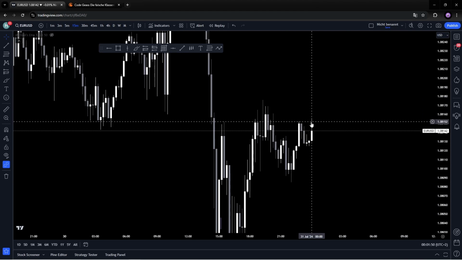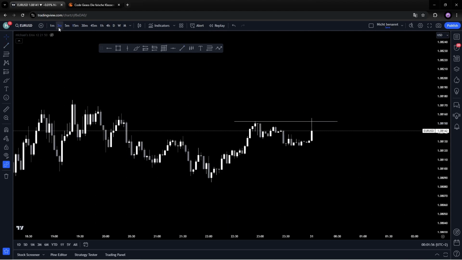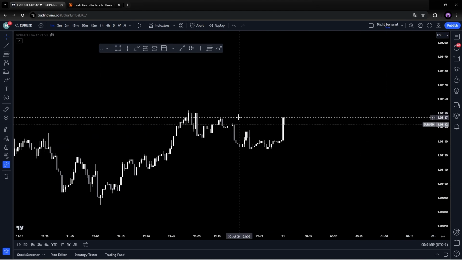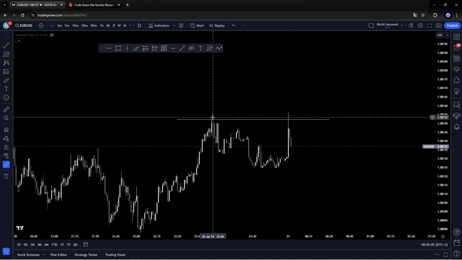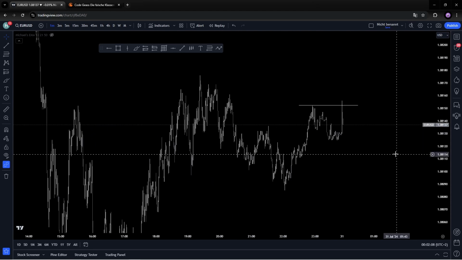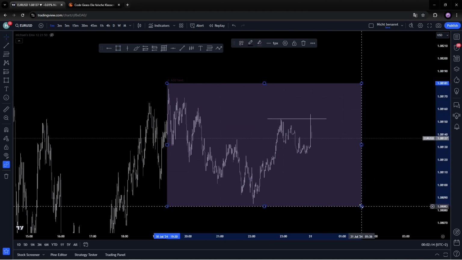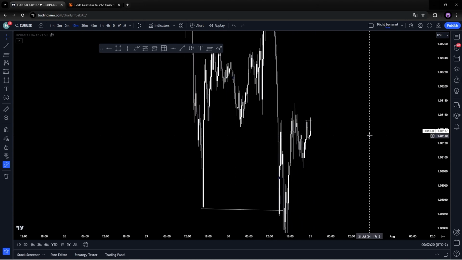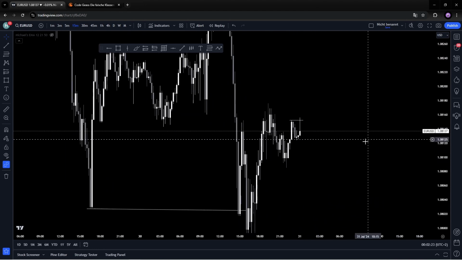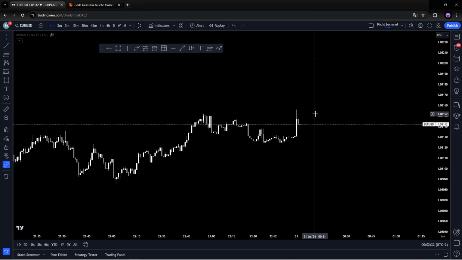We just swept this liquidity, and if this was the right time now, it's not, but you could short this, because we're not going anywhere specific. The structure is mixed, it's not very clear. The bias is right now not clear on the 50-minute. It's going kind of sideways. So yeah, you could short this. I'm not telling you that this is going to be a winning short, but just so you know.